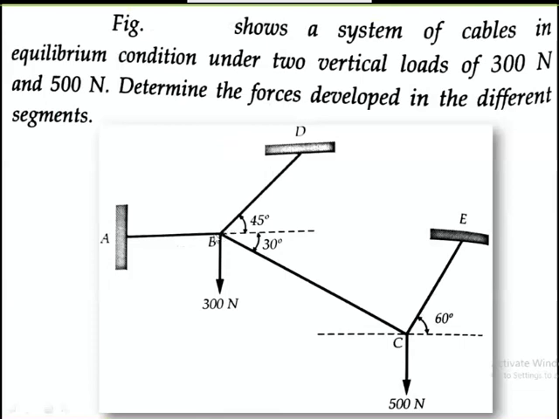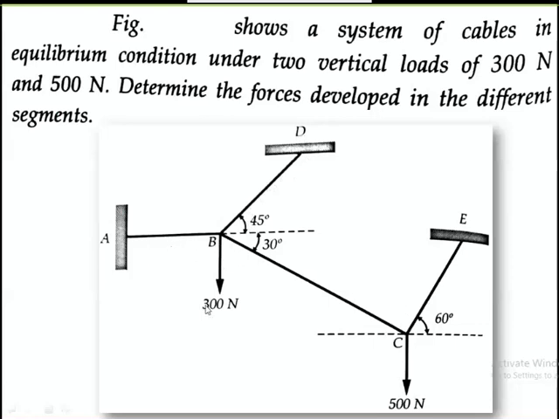This is joint B. So for the BD member, we always draw an arrow away from the joint. The tension in the string BD, I'll take as TBD. This I'll take as TBA, and this one is TBC, and the other one is 300 Newton.